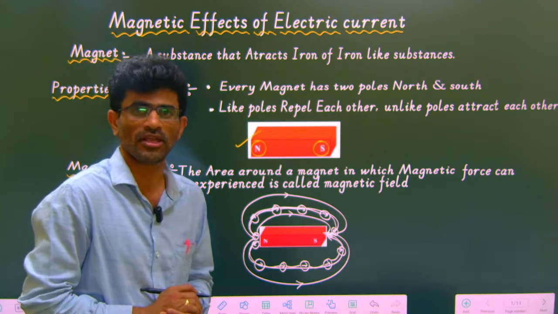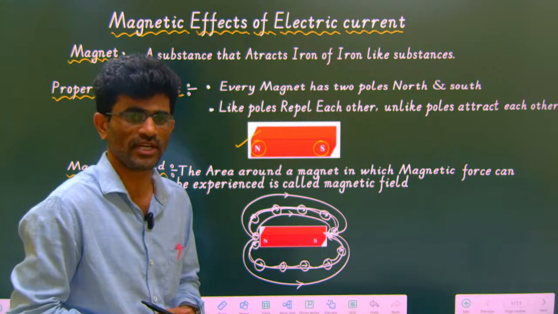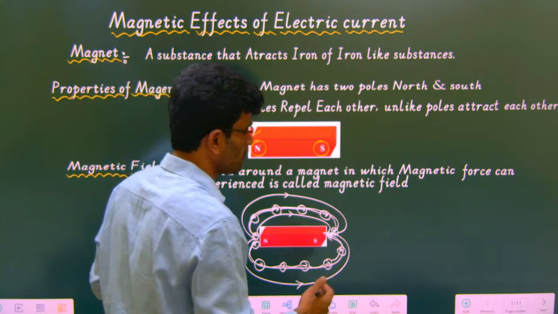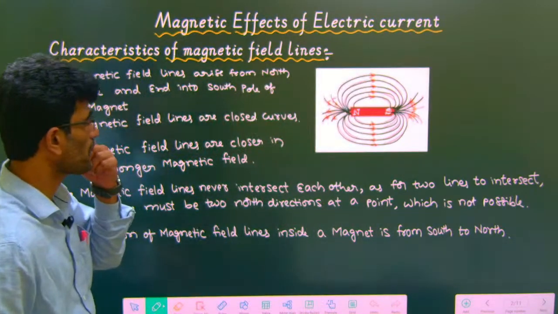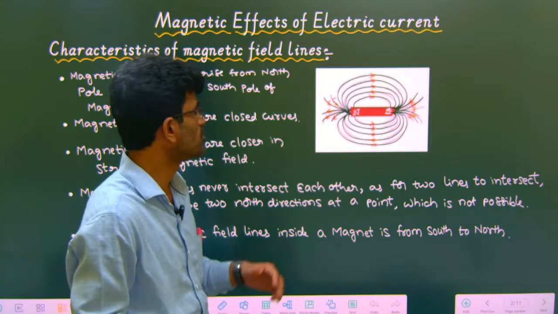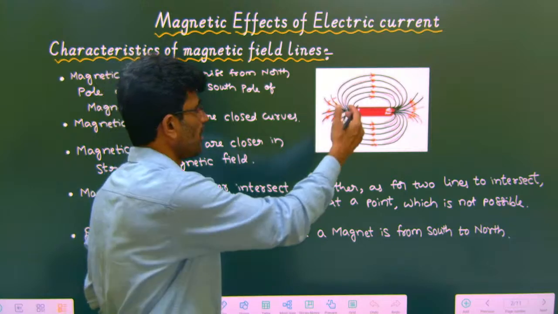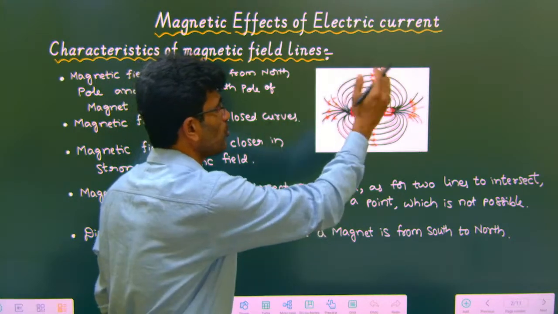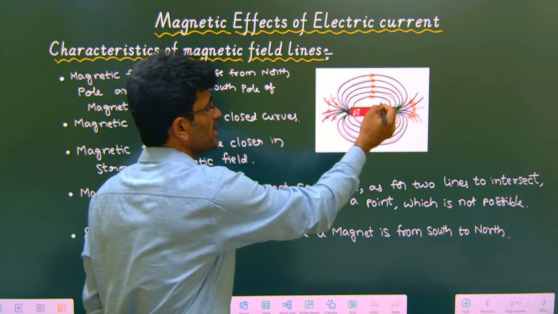Now a very important question: what are the characteristics of the magnetic field lines? One of the important questions. Magnetic field lines are drawn like this by using a compass. Just now we discussed that magnetic field lines always come out of the magnet from the north pole, and they go inside at the south pole.